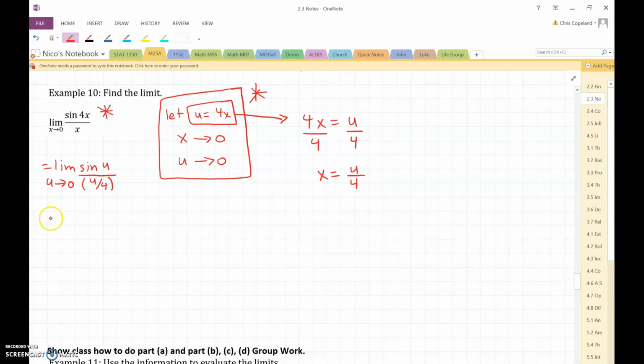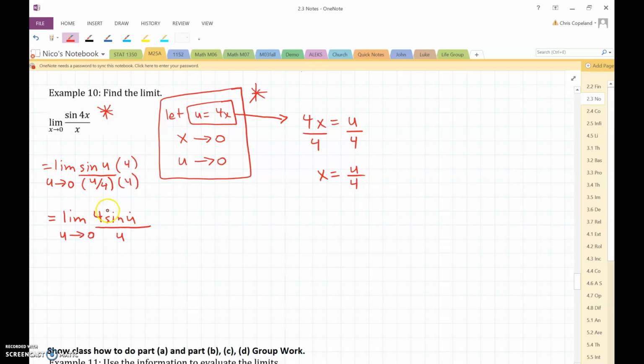Okay? Then what you can do, you can multiply the numerator and the denominator by 4. So we'd have the limit of 4 times sine u all over u as u goes to 0.